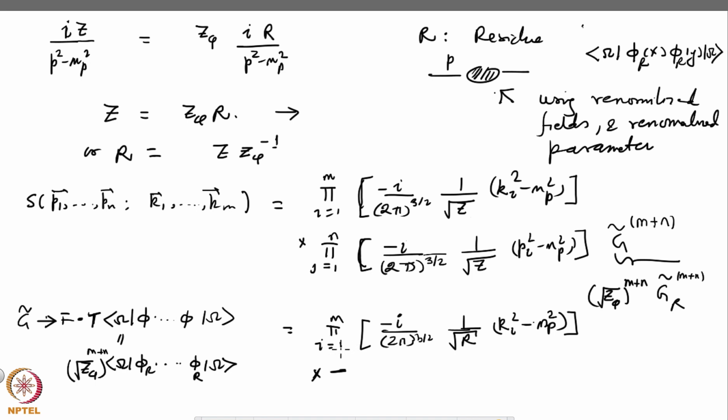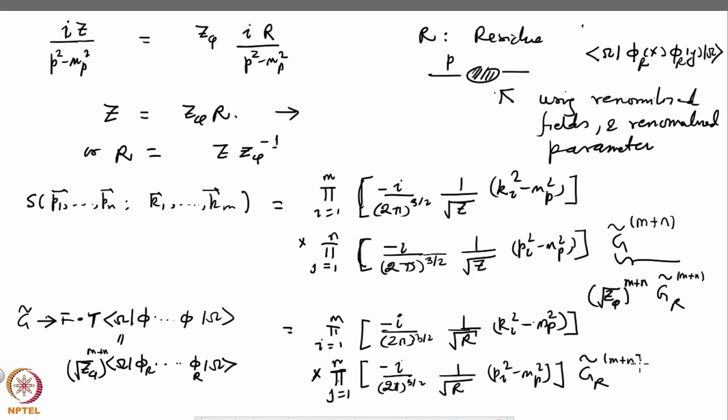Okay, minus I over 2 pi to the 3 half, 1 over square root of r, minus mp square times g tilde r. Okay, this is with the renormalized field.